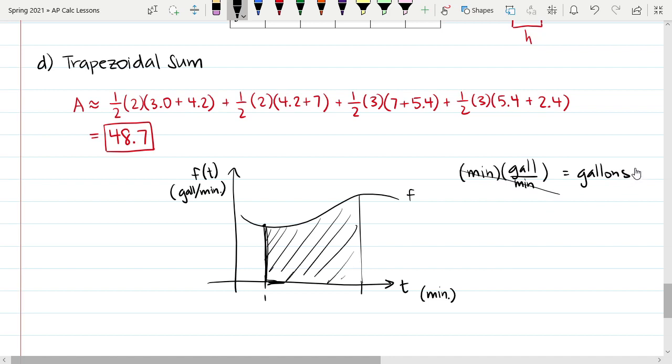And so if I have a function that represents a rate of change, then finding the area under the curve on some interval from A to B actually tells me the total quantity that occurred over that time interval. So again, if f was representing the rate at which water was flowing into an aquarium to fill it, then the area under the curve from A to B is actually going to give us the total gallons of water that went into the aquarium during that time interval.